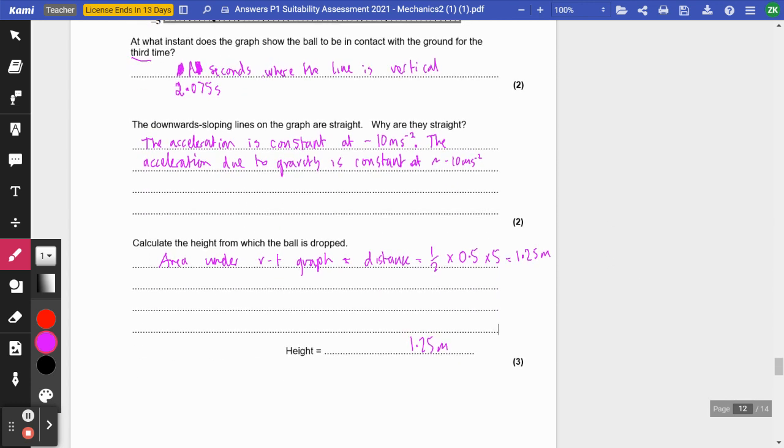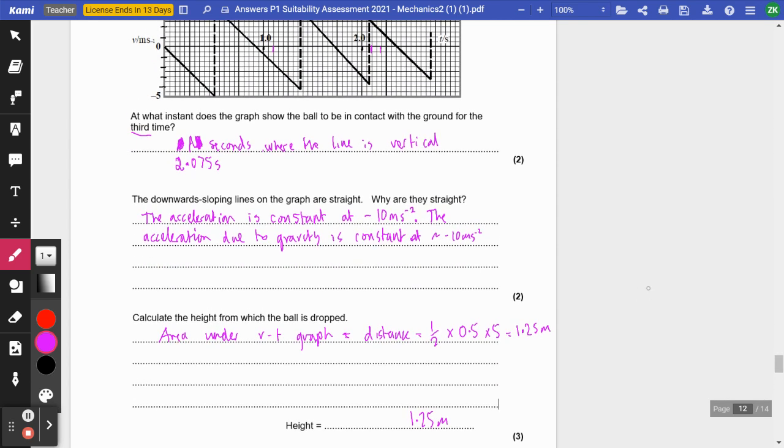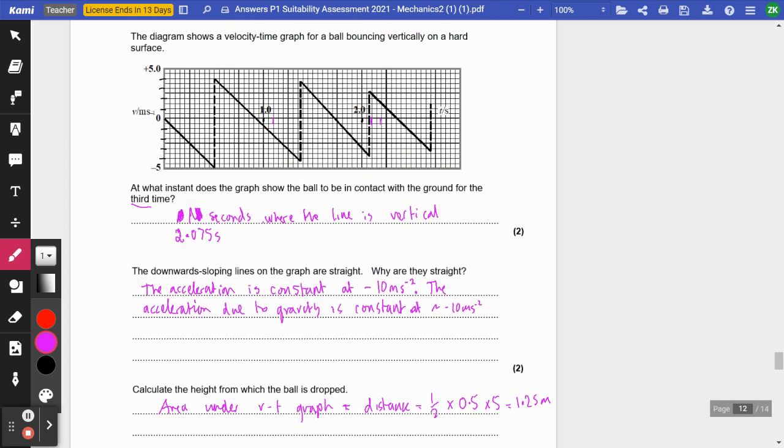It says calculate the height from which the ball is dropped, and the area underneath a velocity time graph gives distance, so the height when the ball is dropped. When the ball is dropped, it has 0 speed, and then it falls downwards, and that represents a negative speed, and this is the point where it strikes the ground.